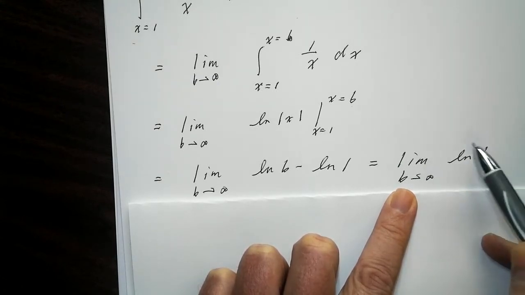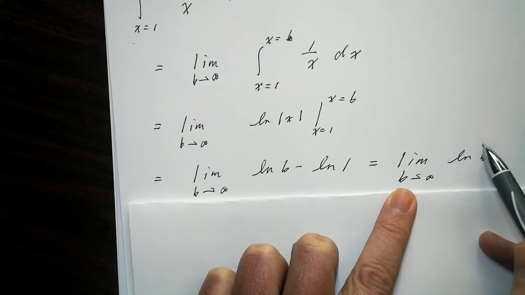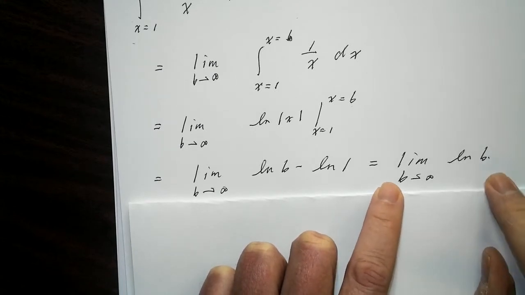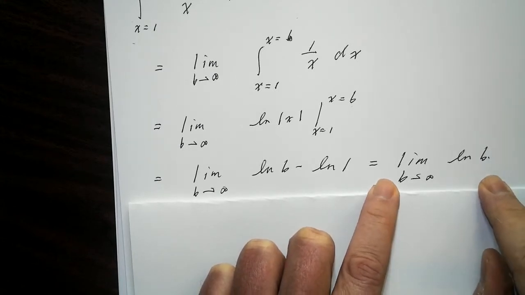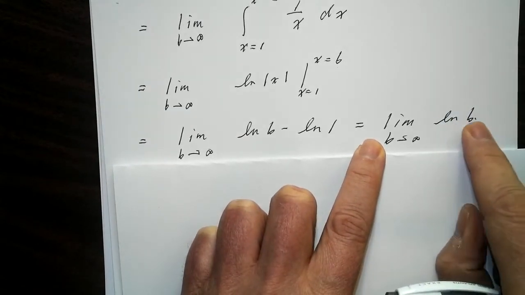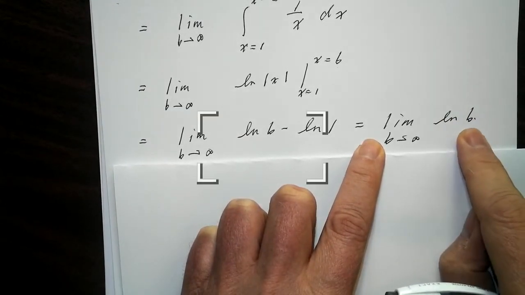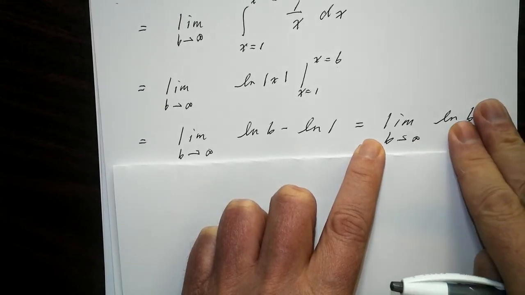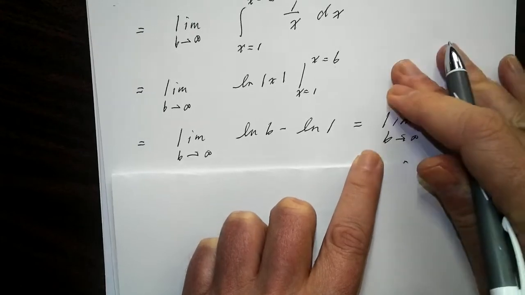We have to ascertain what happens in this case. It is quite common when we work with an improper integral at this stage to evaluate this limit that you need to look at a different graph to help you ascertain whether the limit exists. So in this case, I'm going to look at the graph of the natural log function and look at what happens to that function as the input becomes larger and larger.